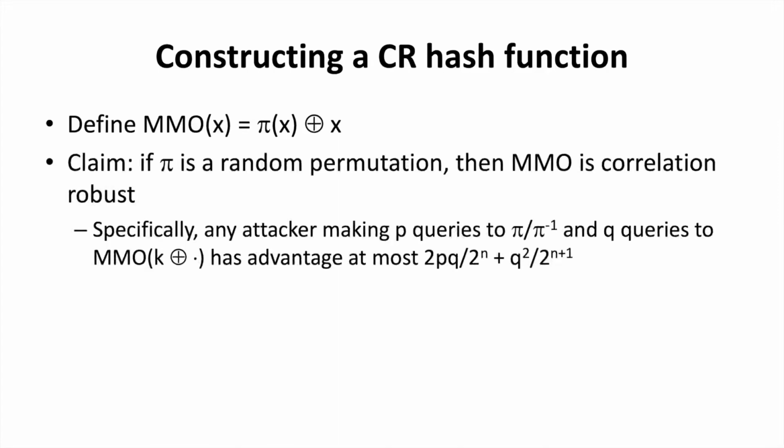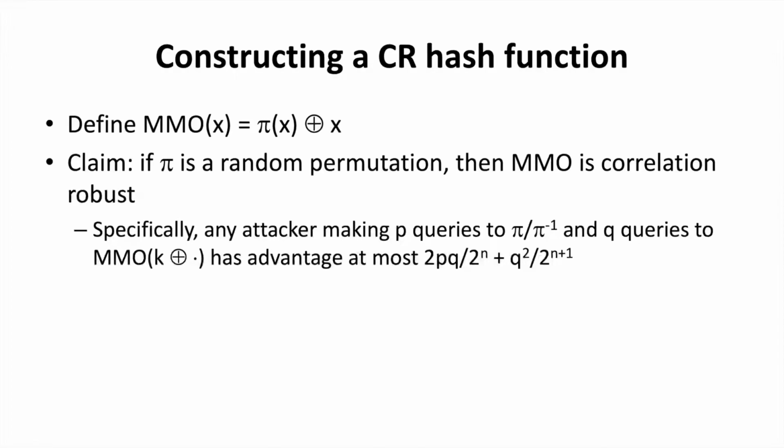In fact, our claim is that if pi is a random permutation, then this MMO is correlation robust, where the adversary having access to pi and pi inverse has an advantage at most 2pq over 2 to the n plus q squared over 2 to the n, 2 to the n plus 1.